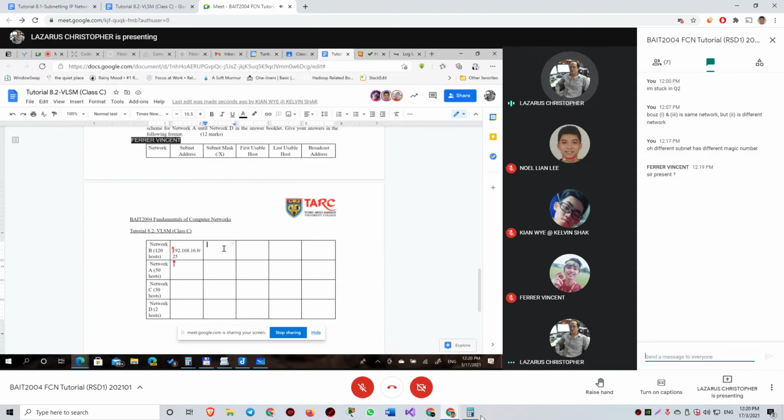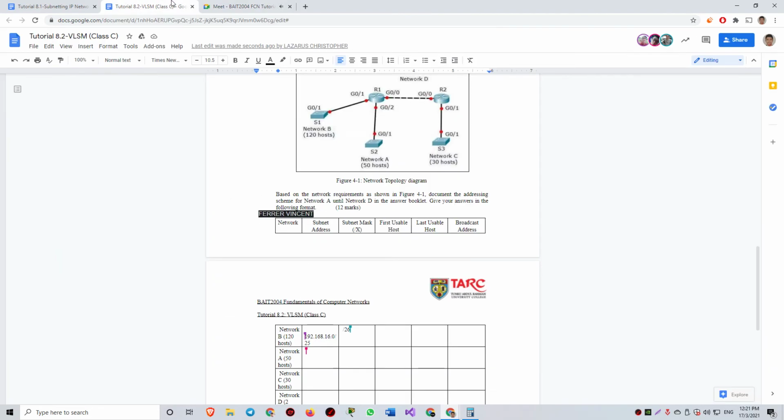So the prefix is /26. Okay, the first address will always be 0, so you don't have to write the prefix there. Why 26? Because you borrow 1 bit. If you borrow 1 bit, the host part is left with 8 minus 1, 7 bits. So 2 power 7 gives you 128 minus 2, 126, which can cover the requirement of 120 hosts.